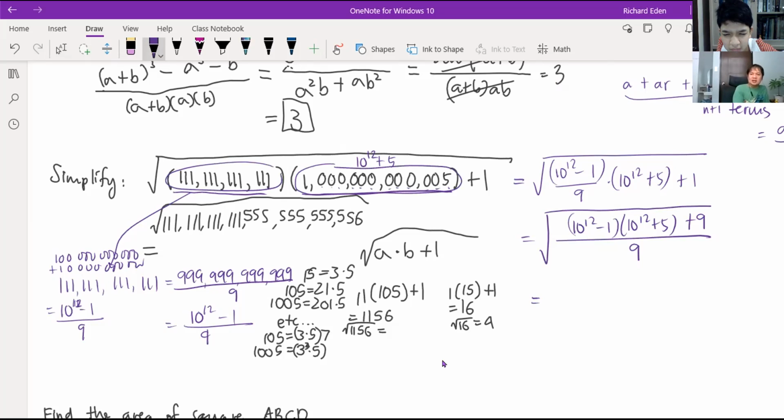And then the 10 to the 12 minus 1 times 10 to the 12 plus 5, but that's going to be 10 to the 24 plus 4 times 10 to the 12 minus 5 plus 9 over 9 inside the square root. And so we end up with 10 to the 24.